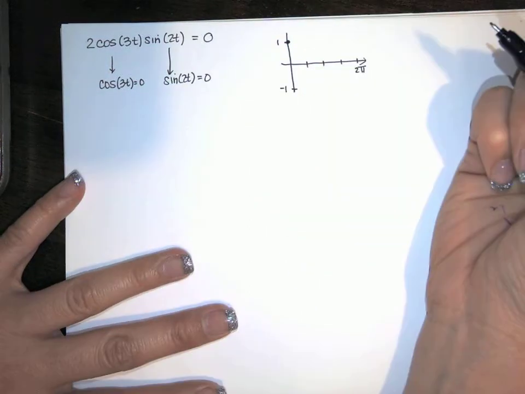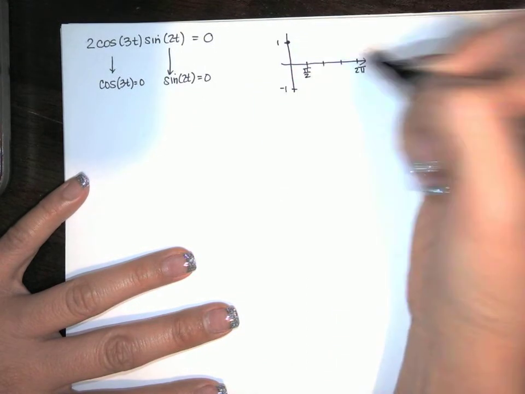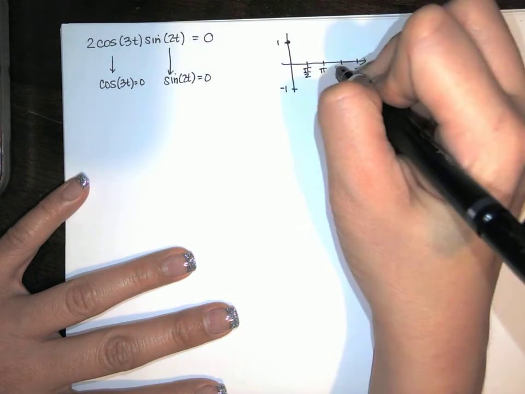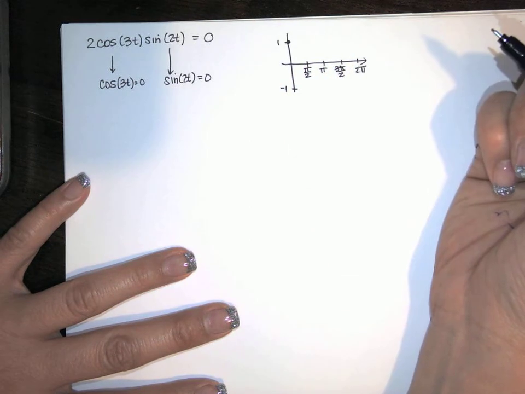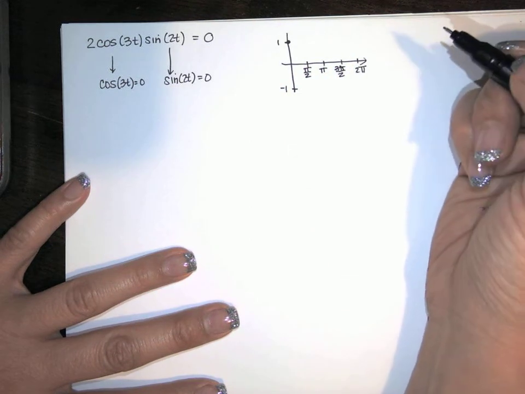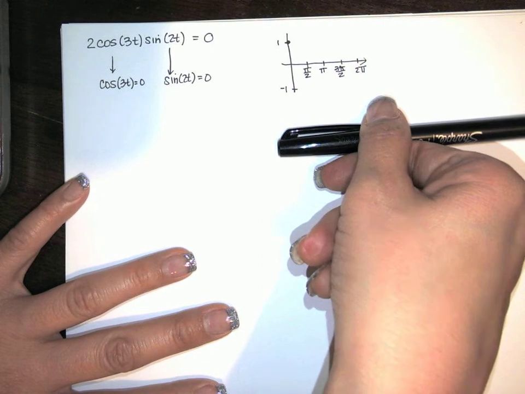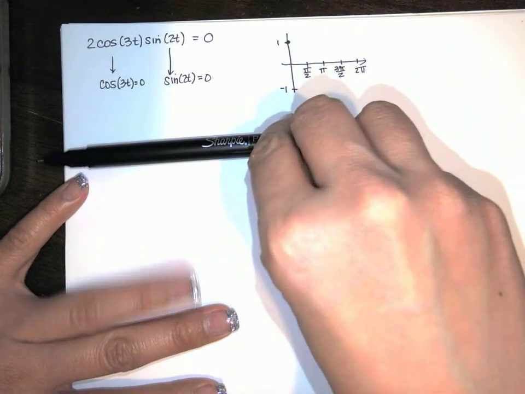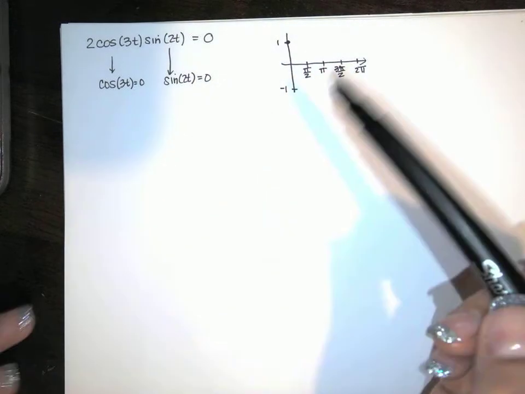And then all the interesting things happen at 1/4 of the period. So 1/4 of the period is pi over 2. Then we're at pi, then we're at 3 pi over 2, and then we're at 2 pi. Those are our special angles if we look at our unit circle. So we're on the x-axis, that's theta equals 0, then pi over 2, then pi, then 3 pi over 2, and then 2 pi.